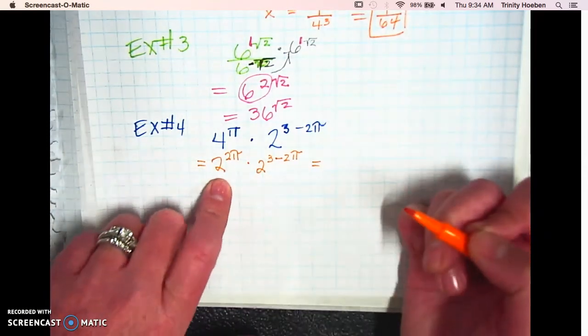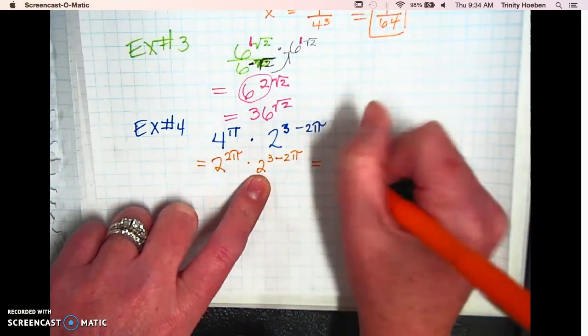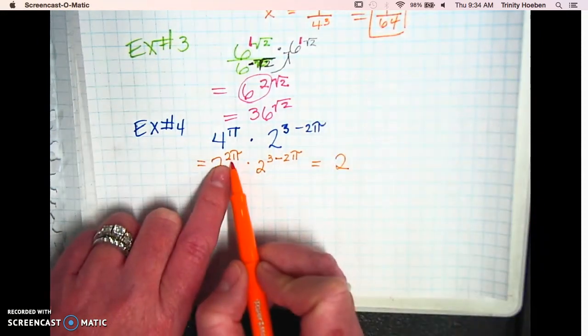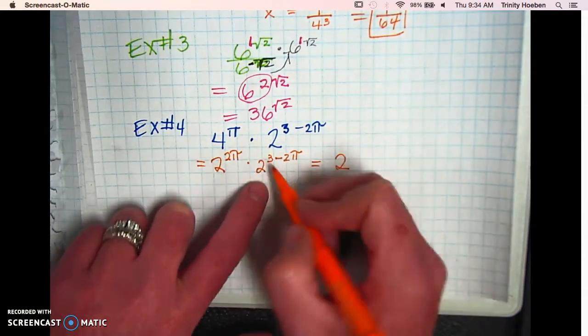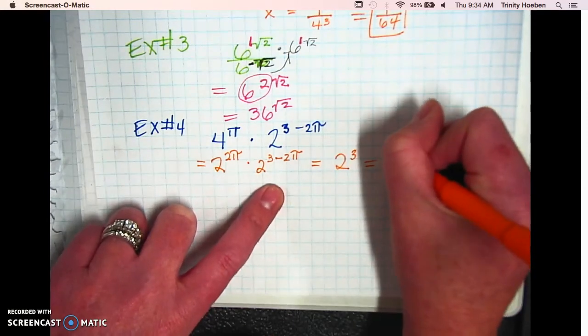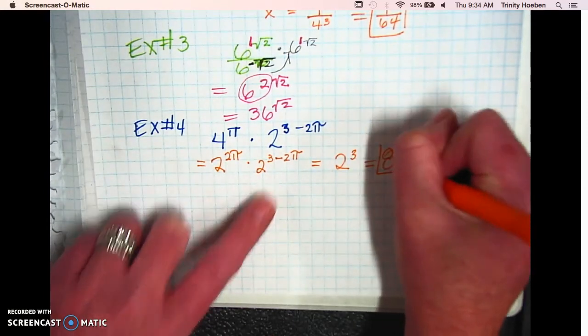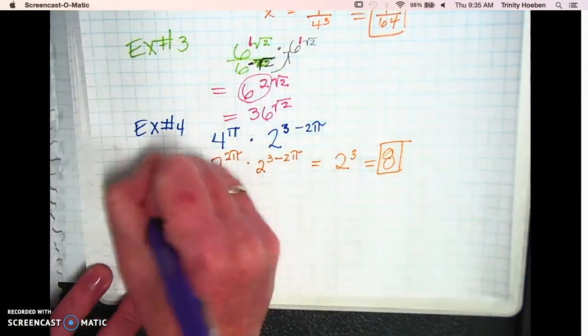And then since the bases are the same, we can do what with the exponents? Add them. So we have 2 pi, and then over here we have a minus 2 pi. Nice. And then we have 2 to the third. Most of you can do that one in your head. If not, type it in your calculator. You should get 8. All right.